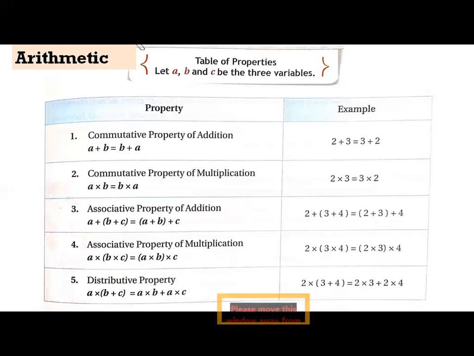And the fifth property is the distributive property, as we discussed in chapter 2, that is multiplication over addition. a into bracket of b plus c is equal to a into b plus a into c. Writing the property using numbers, 2 into bracket of 3 plus 4 is equal to 2 into 3 plus 2 into 4. We already know these arithmetic properties, right? Yes. By using algebraic expressions, that is the variables a, b, c, we have now seen the table of properties.